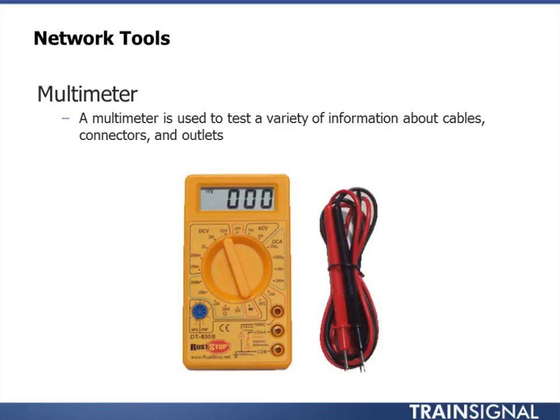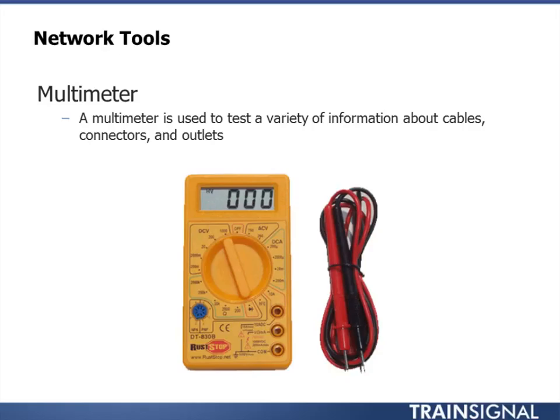And then here we get to like the jack of all trades of tools. It's called a multimeter. And it's funny that we list this under networking tools. This is just an electrical tool as a whole. Okay? A multimeter is used to test a whole variety of information about cables, connectors, outlets. It can tell you all about electricity and how it's working or not working.